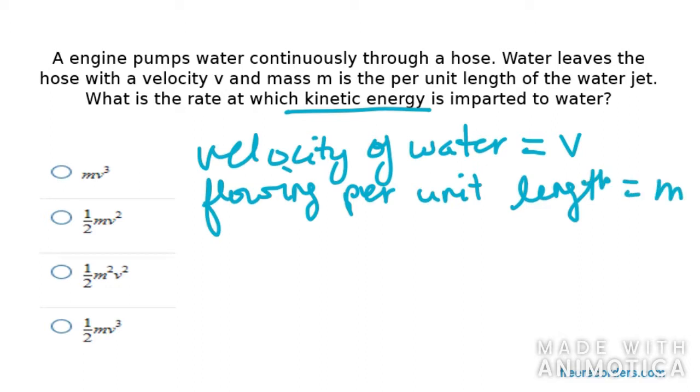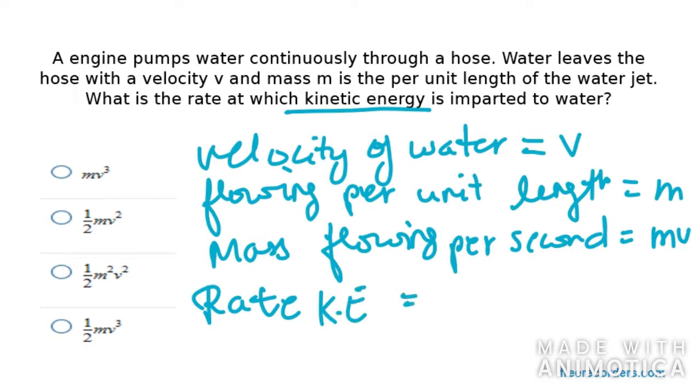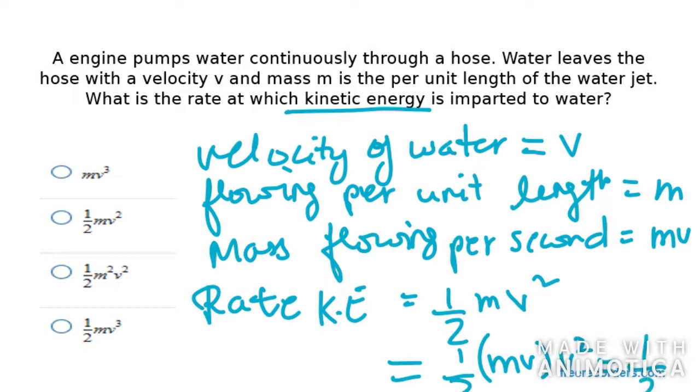So mass flowing per second would be mv, and rate of kinetic energy will be with respect to time. So rate of kinetic energy in this case will be half m v square, and m can be written as mv because mass flowing per second is mv. So the right answer for this is half m v cube.